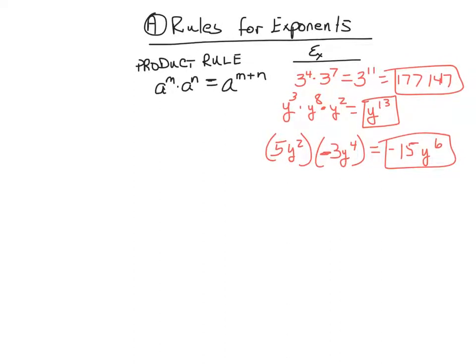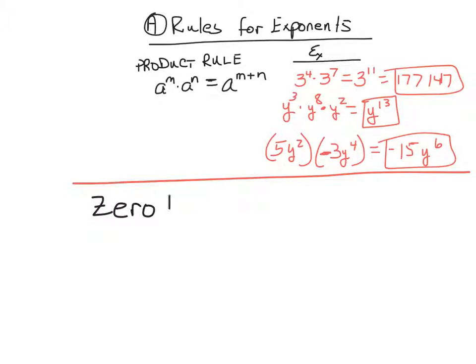Now let's move it on down the road one step. And this time we are going to discuss what happens if we have a 0 exponent. I think this is one of the rare times I'm going to forego the explanation as to why and just give you the rule.